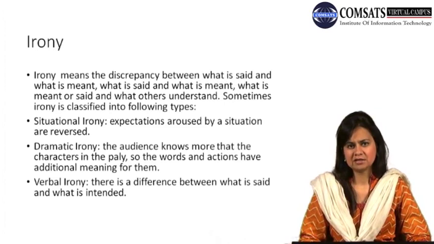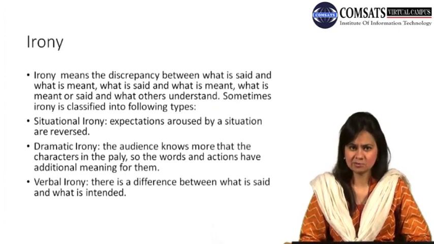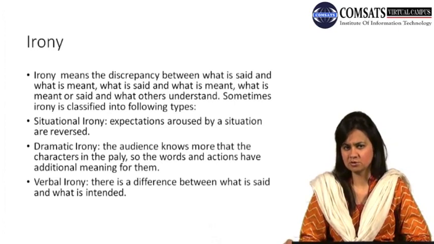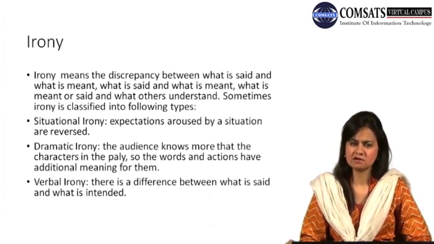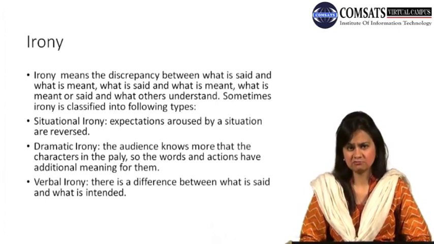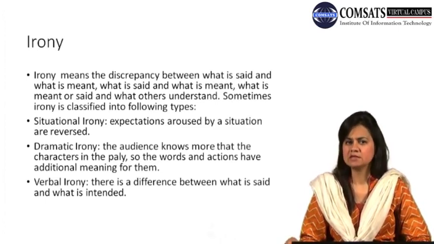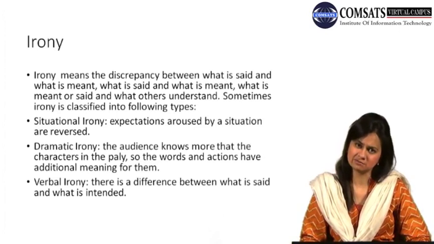In the classical play Oedipus Rex, we also find the use of dramatic irony, where the audience knows that Oedipus is the murderer of his own father. So the audience knows that Oedipus, the king himself, is the culprit, whereas Oedipus himself has announced a death sentence for the man who has killed his father, not knowing that it is he himself.